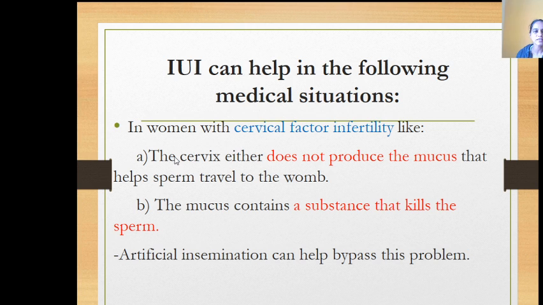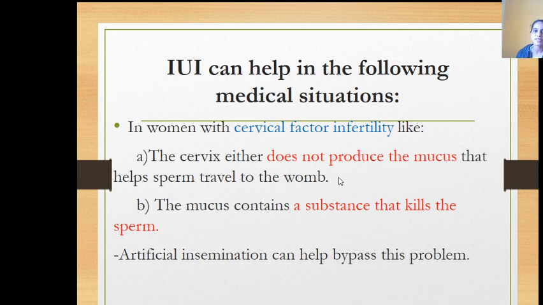So in such cases, the cervix either does not produce mucus that helps the sperm to travel to the womb, or the mucus contains a substance that kills the sperms. In both these conditions, the woman might be infertile, and those causes are called cervical factors. So this artificial insemination can help in bypassing this problem. Okay, these two problems. So the main problem is in the neck itself.